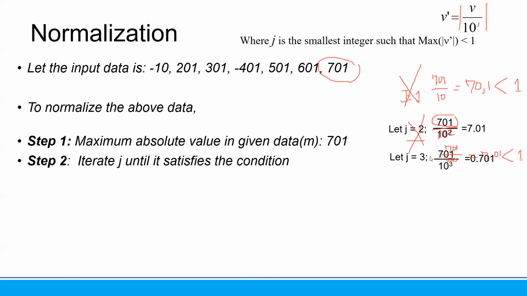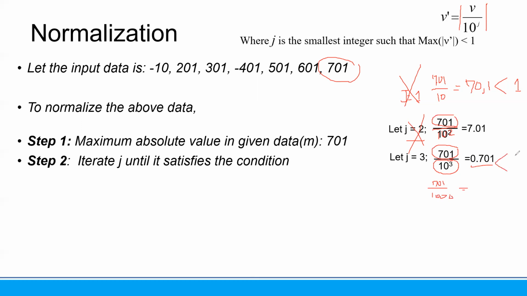Let j equal 3. Oh sorry, I think it's overlapping. Okay, then j equals 3. When we divide 701 by 10 to the power of 3, 701 divided by 1000, we get the value 0.701.